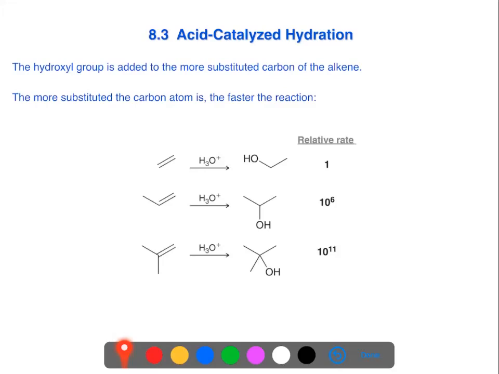And so you can see for a simple ethene versus propene, and then this 2-methylpropene, that the rate increases a millionfold as we go from ethene to propene, and even a further factor of 10 to the 5 if we go from the propene to the 2-methylpropene. So again, the more highly substituted a carbon center is of an alkene, the faster this reaction will proceed.